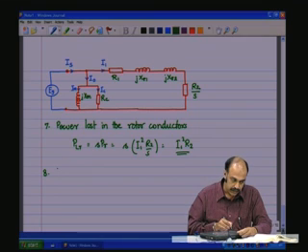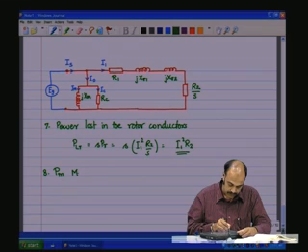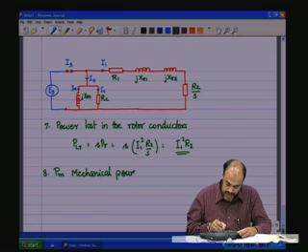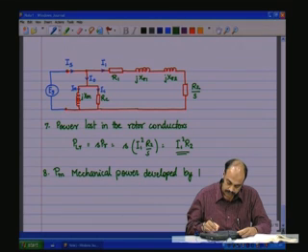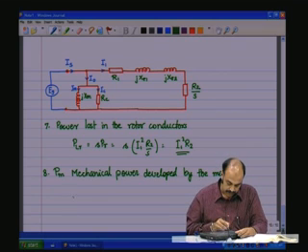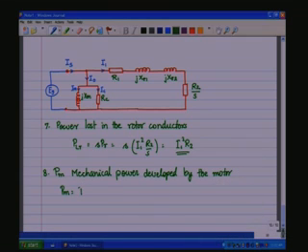Then we have to find out the mechanical power PM. The mechanical power developed by the motor PM is PR minus what is lost in the rotor, and that is nothing but this.